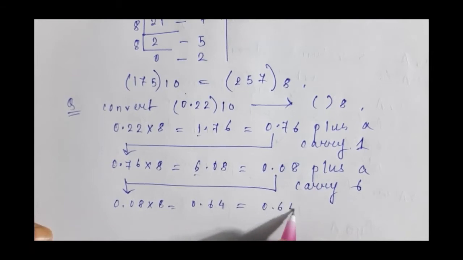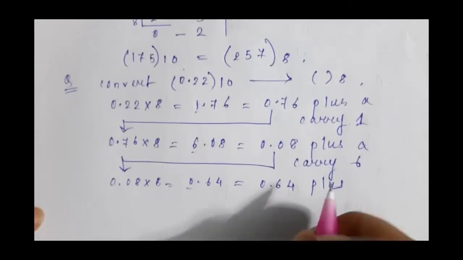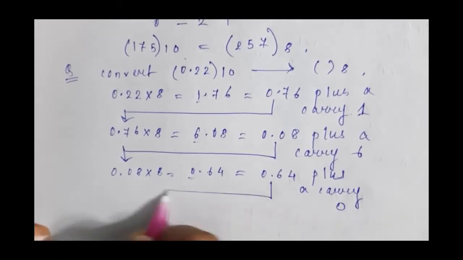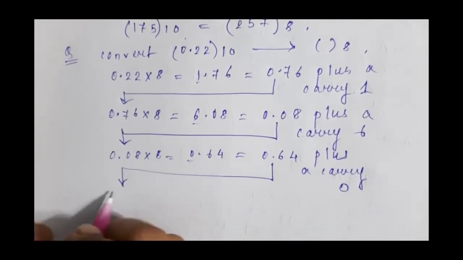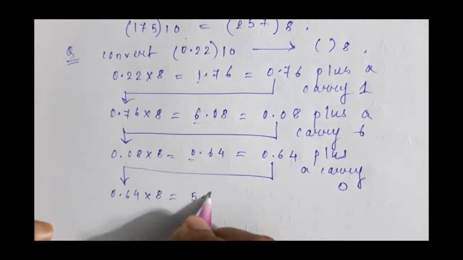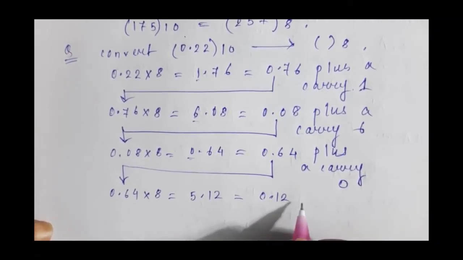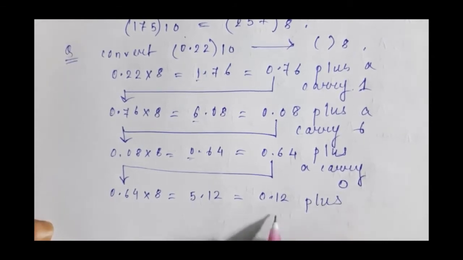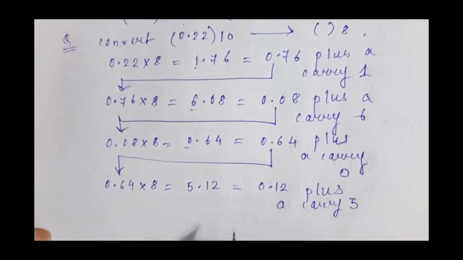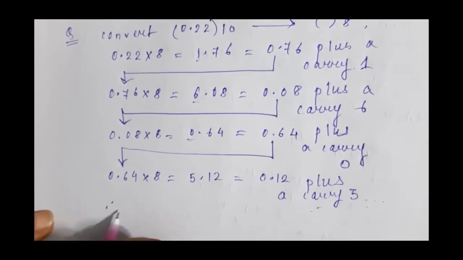Here our carry is 0. Now again 0.64 into 8 is equal to 5.12, and we will take 0.12 and carry 5. So you see that it will go on like this.